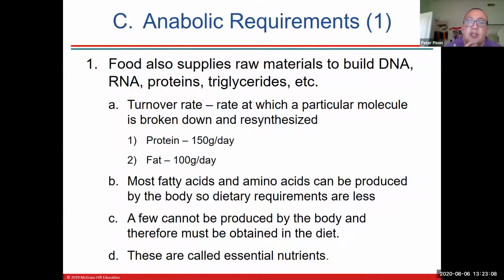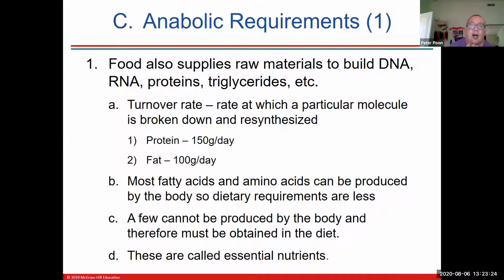Anabolic requirements. So not only do we need food for energy, we also need food for carbon and the things that are provided in the food in addition to energy.